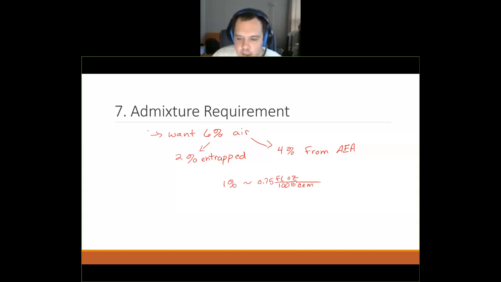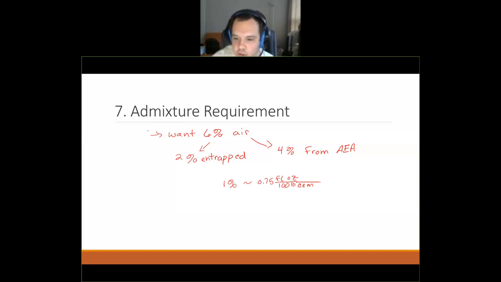And it's a little bit challenging because this is not usually a nice clean number. This might be something like 0.5 to 3 fluid ounces per 100 weight. And that's because each cement reacts to the chemical a little bit differently. And so some cements, you might have to use a lot more air entraining admixture.